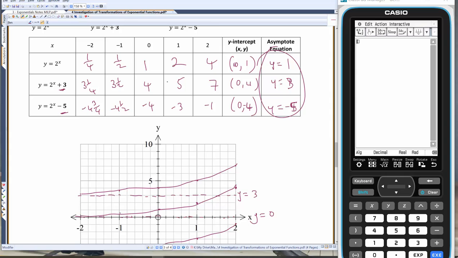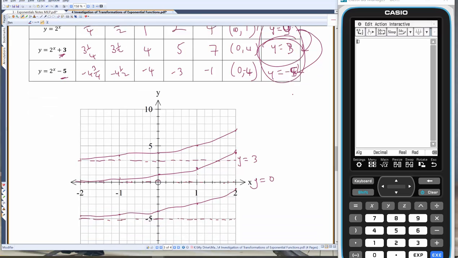Okay, so if I shift up all of the y values by 3, what also happens is I grab this asymptote here. That's a mistake, that should be y equals 0. But I grab this asymptote here, and what I'm going to do is move it up, in this case, by 3. So my asymptote becomes y equals 3, and in this case here, moves it down -5.